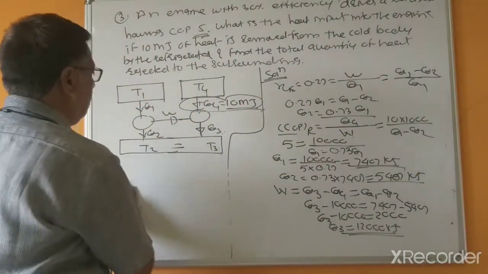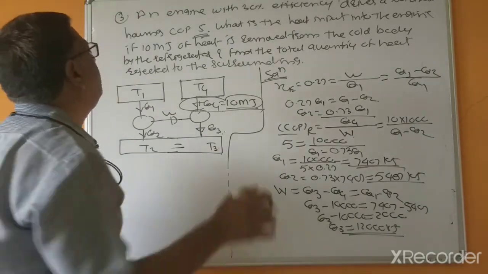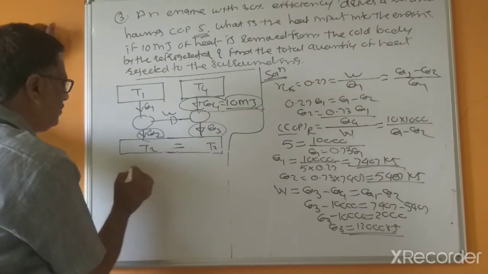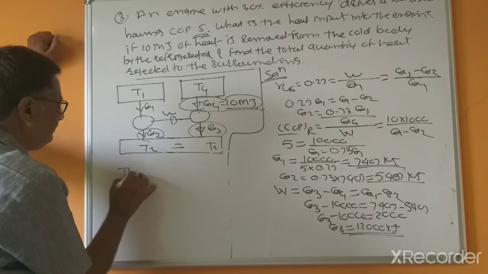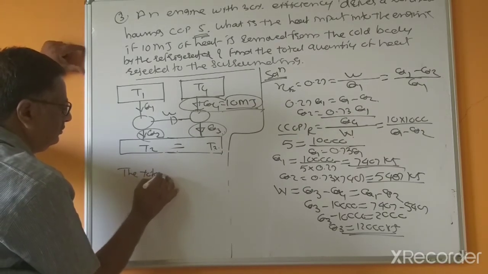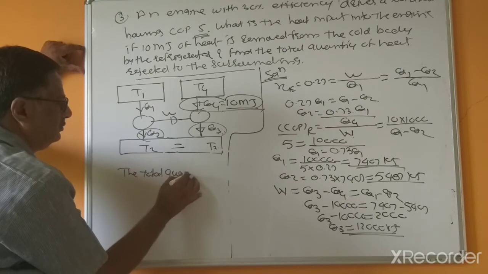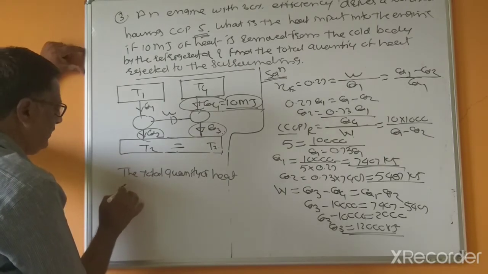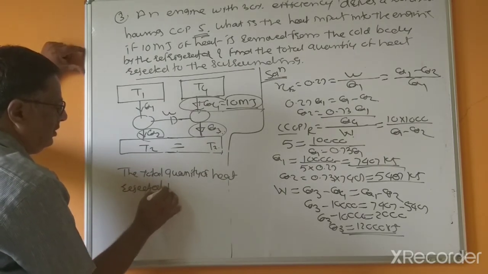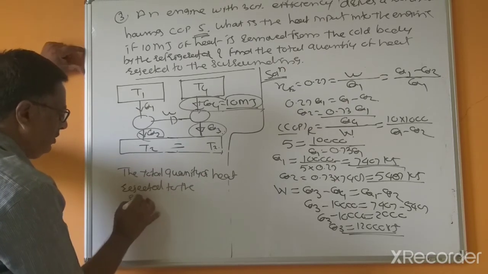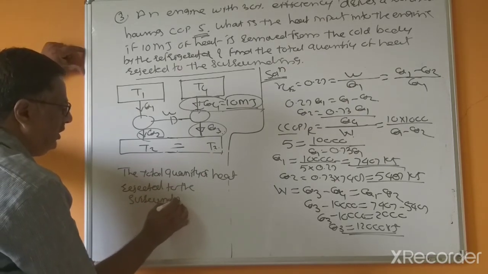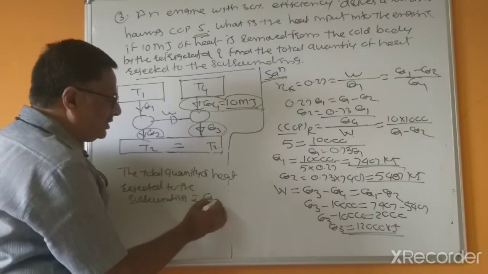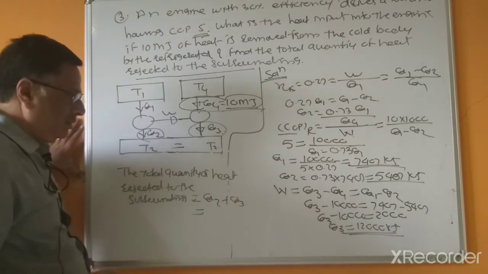And what is asked? Find the total quantity of heat rejected to the surrounding. Because this is the Q2 and Q3, so that's why the total quantity of heat rejected to the surrounding equal to, because this is Q2 and Q3, this is the amount of the heat that is rejected to the surrounding.